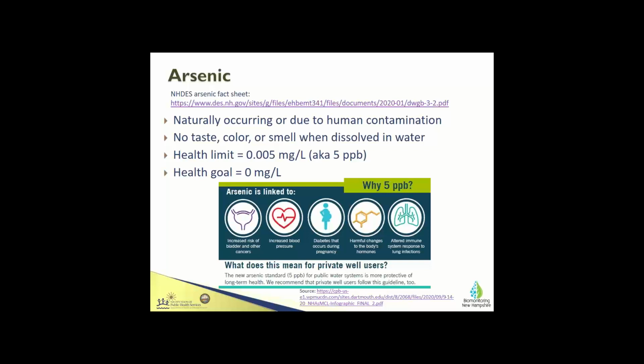Both studies have found higher levels of arsenic in the urine of people who drink 4 or more cups of their home water per day when that home water has high levels of arsenic, so arsenic above the maximum contaminant level. And then besides bladder cancer, arsenic has been associated with increased blood pressure, gestational diabetes or diabetes during pregnancy, hormone changes, and a reduced immune response to respiratory diseases.